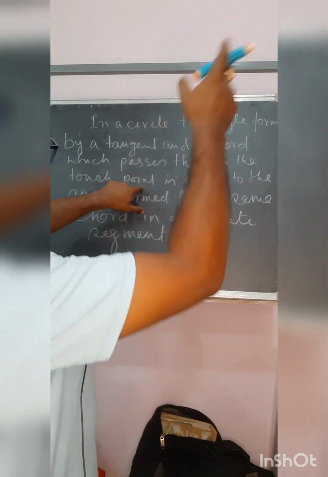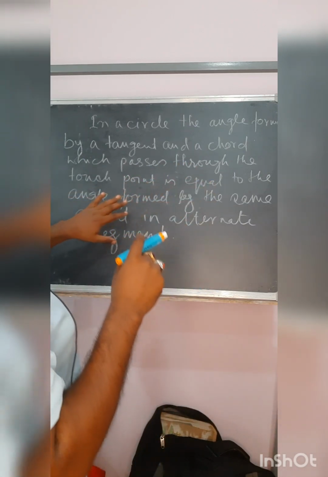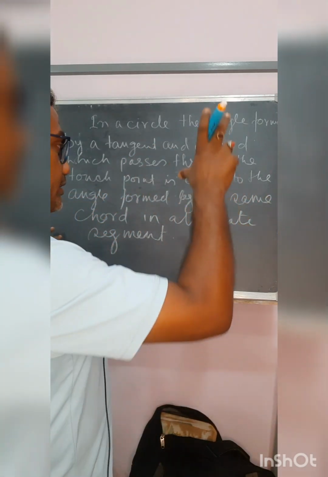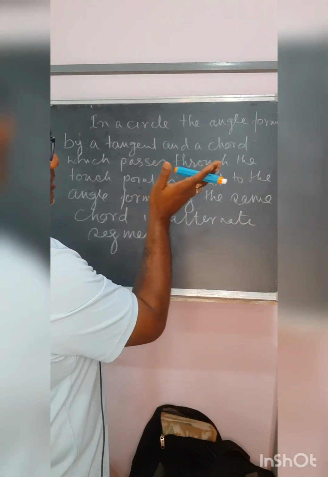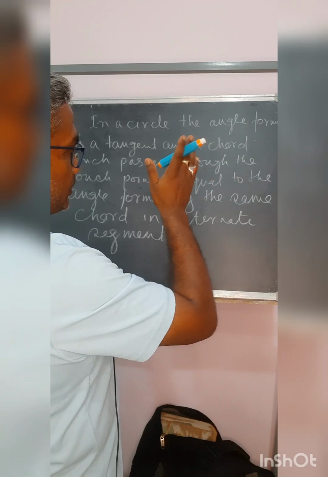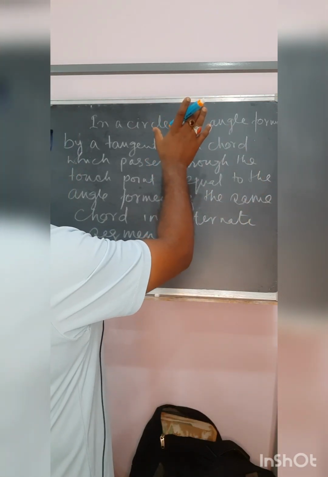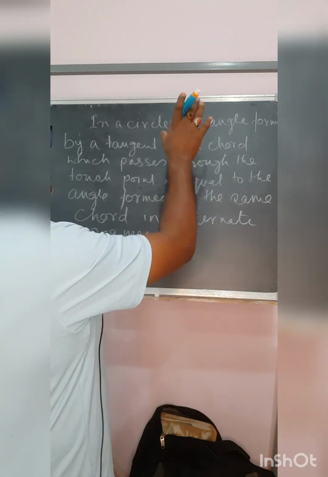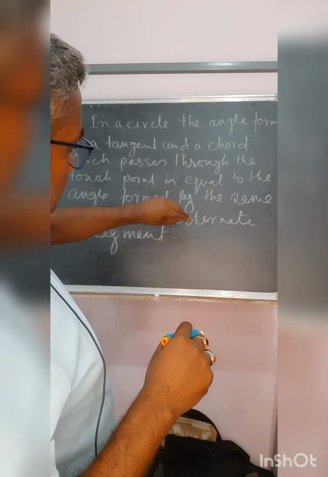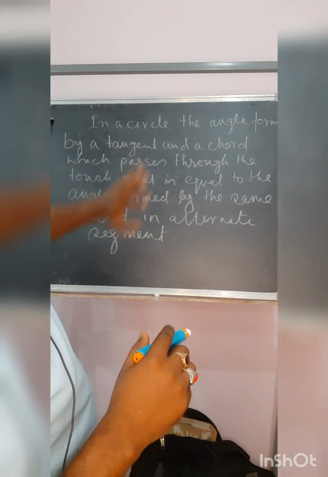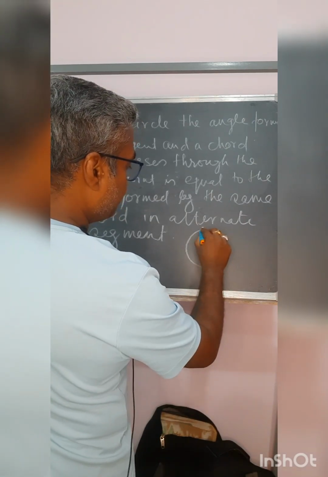Then the angle formed between the chord and the tangent is equal to the angle formed by that same chord in the alternate segment. The chord divides the circle into two segments, one smaller and the other somewhat bigger. So the angle in the alternate segment, if I draw it, will be equal to the angle initially described.